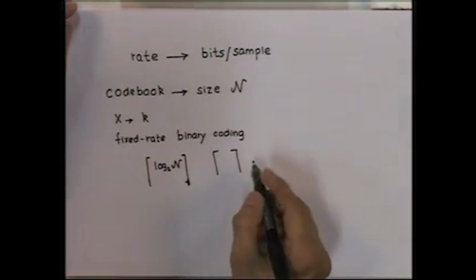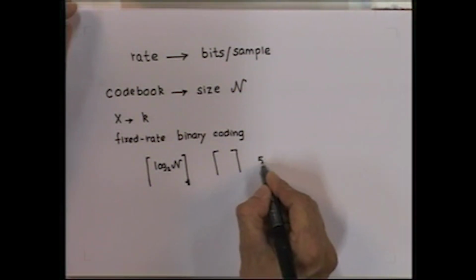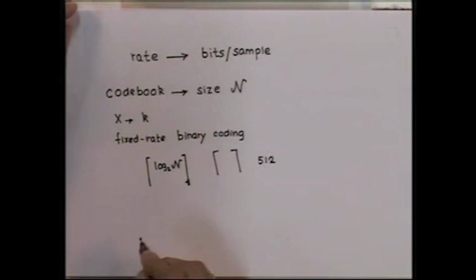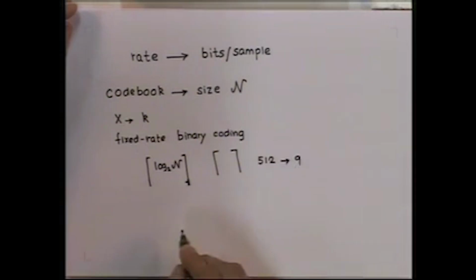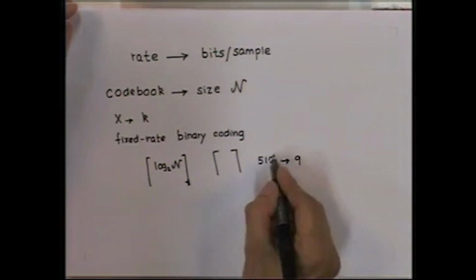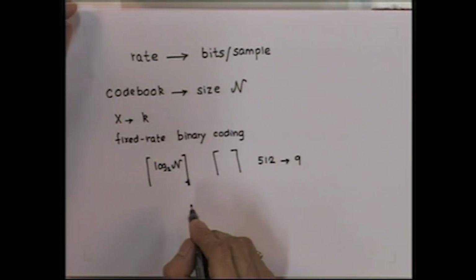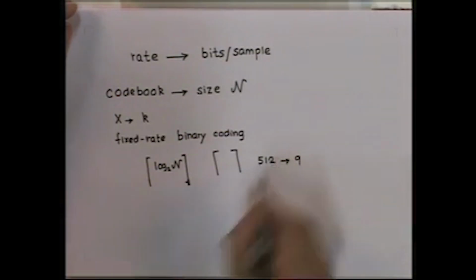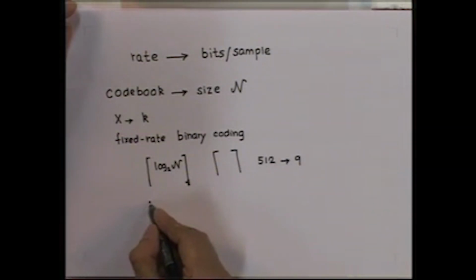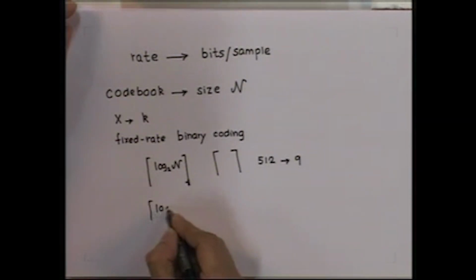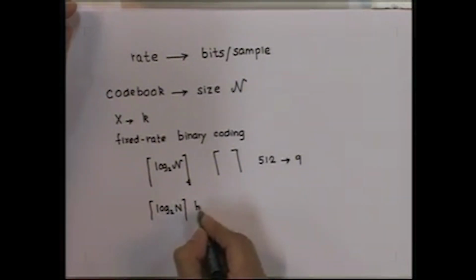So, for example, if the code book contains 512 code words, we need 9 bits to specify which of the 512 code words had been selected at the encoder. The number of bits per input vector of k dimension is therefore ⌈log₂ n⌉ bits.